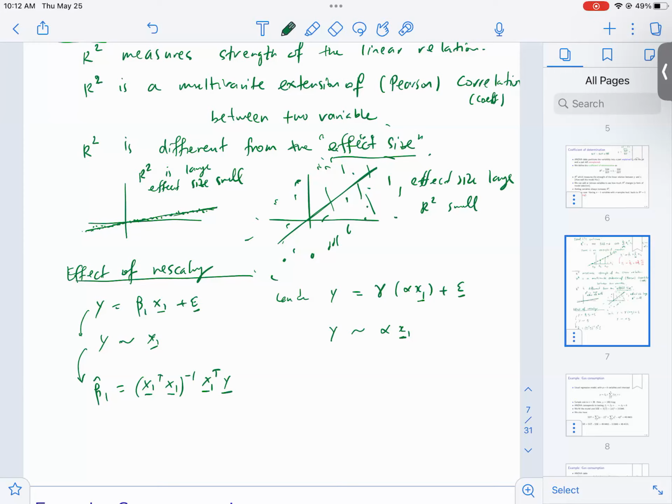You can already see what that coefficient should be, but let's try to do the OLS. I'm going to regress Y onto alpha X1. My new estimate, which I'm going to call gamma hat, what would the OLS estimate be? Just call this X1 tilde. Just a new regression.